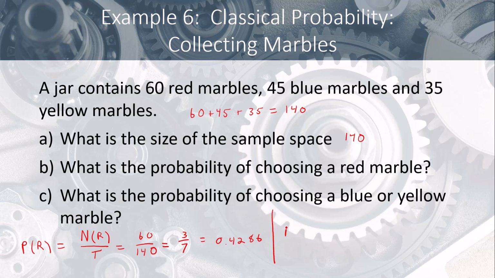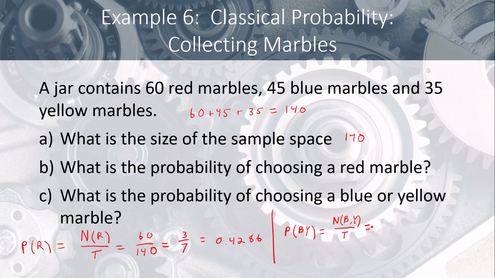Next, what is the probability of choosing a blue or yellow marble? I'm going to call that the probability of BY. Sounds weird, but moving on. That's going to be the number of elements associated with choosing either a blue or a yellow marble divided by the total number of elements.